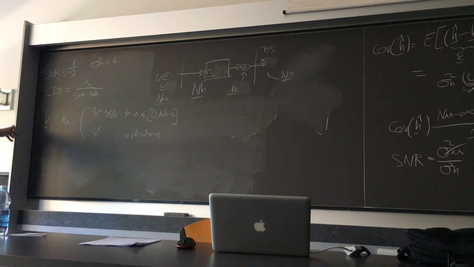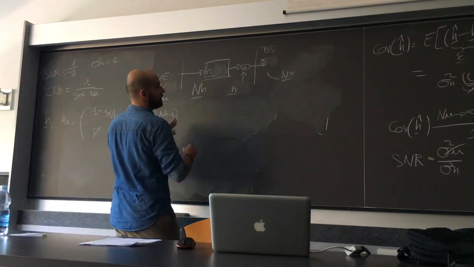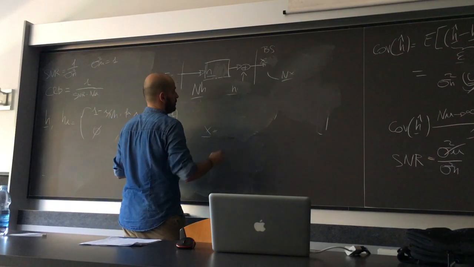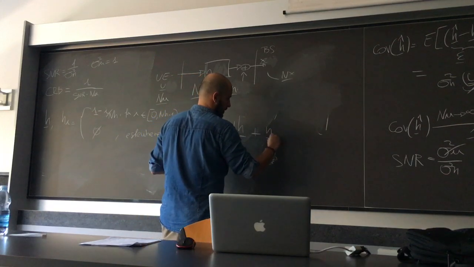Do we need something else to set up the simulation? We have the SNR, we have the parameter bound, we have the channel. Just to make it easier, let me write down the model which we will use, which is x equal to u plus n.